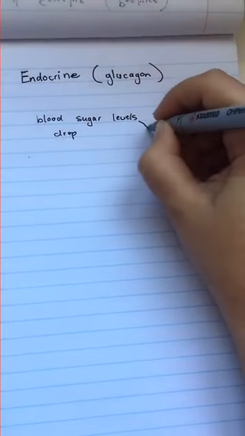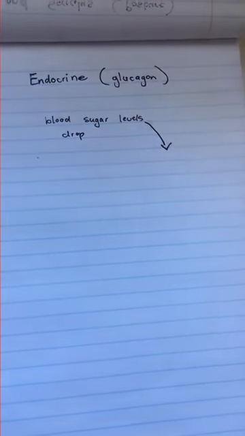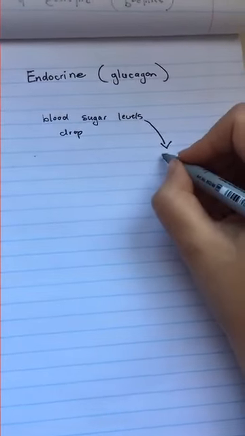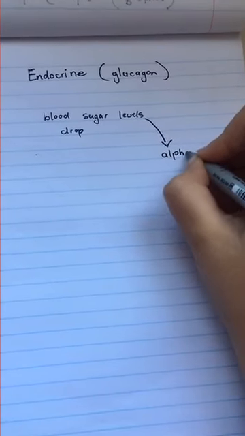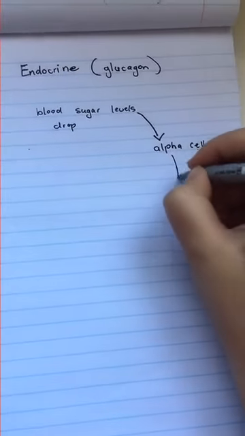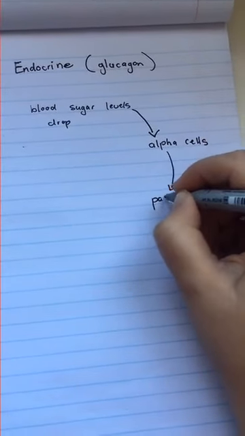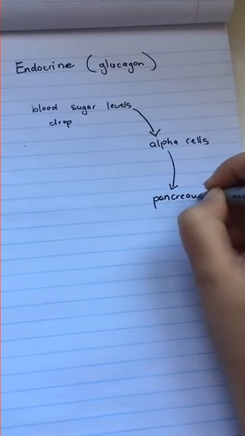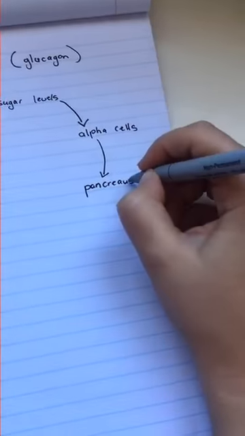Okay? The stimulus is sent to a receptor. Now, in this instance, the receptors are cells, and they are the alpha cells. Okay? Where are the alpha cells? In the pancreas. Oh, I think I spelled pancreas wrong. Let me just get rid of that.